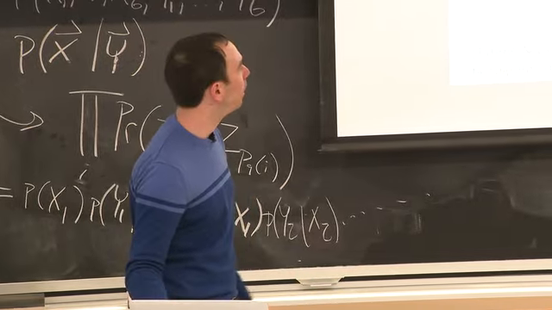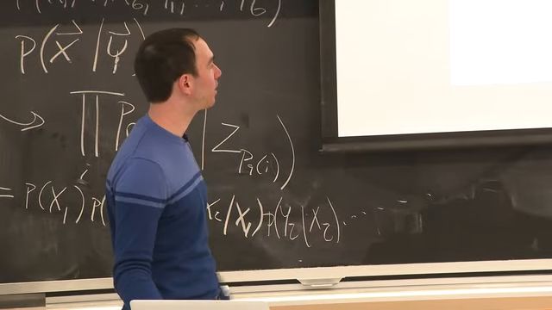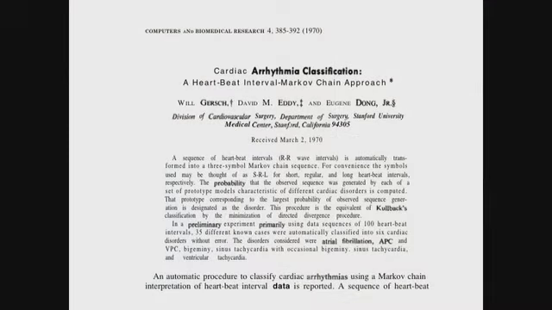So flash backwards from 2001 to 1970. Here at MIT, studied by, this is not MIT. This is somewhere else, sorry. But still 1970, where they used a Markov model, very similar to the Markov models we were just talking about in the previous example, to model what a sequence of normal RR intervals looks like versus what a sequence of abnormal, for example, AF RR intervals looks like.